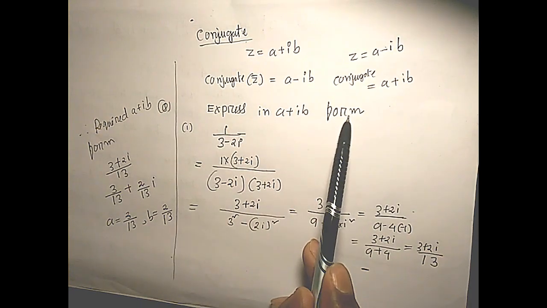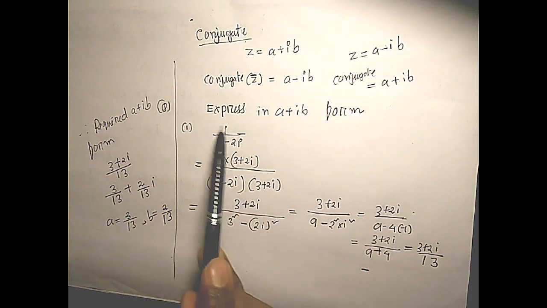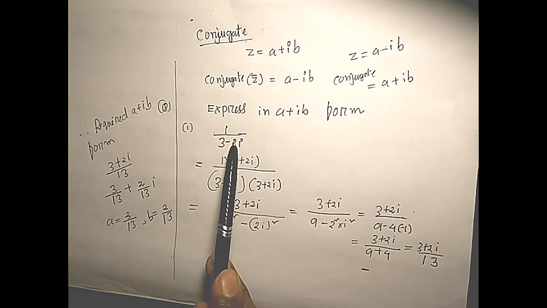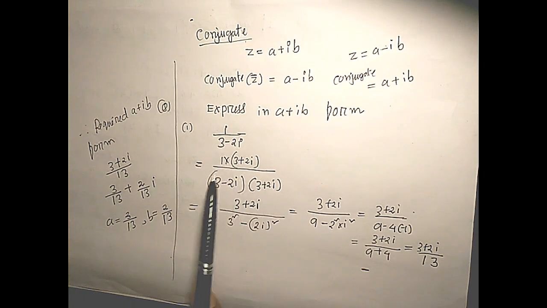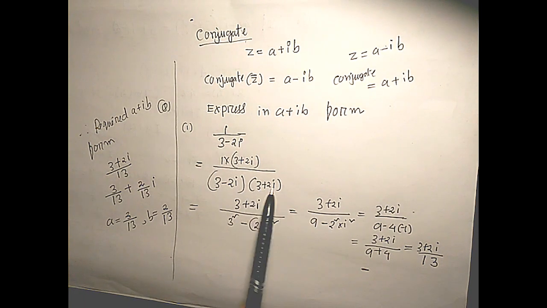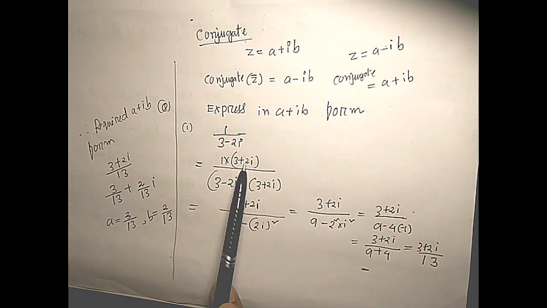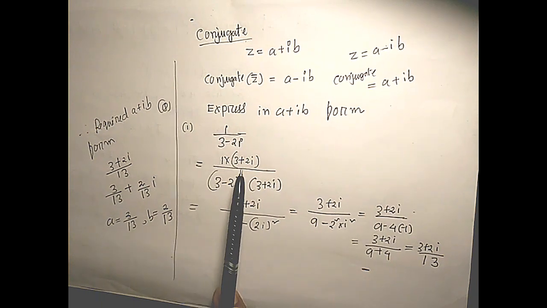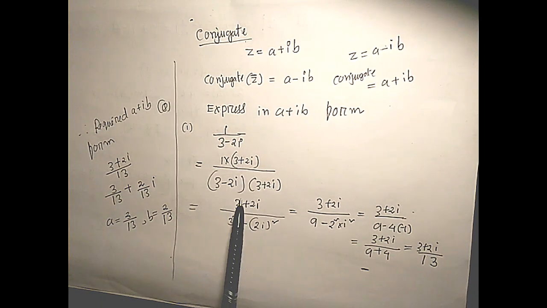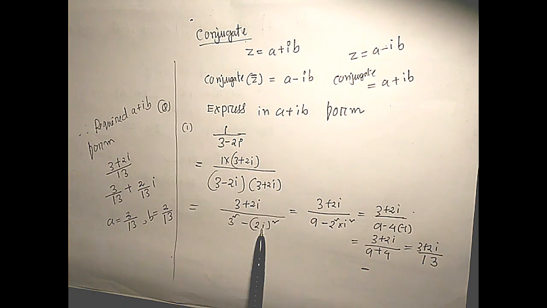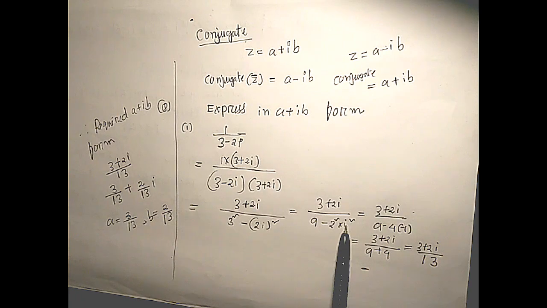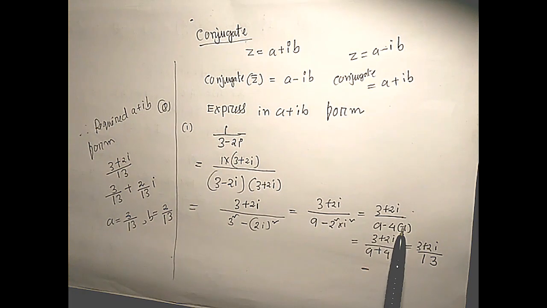So express in a plus ib form. Once again, 3 minus 2i will be multiplied by its conjugate, because in the denominator there should not be any imaginary part. So the denominator should be multiplied by its conjugate.